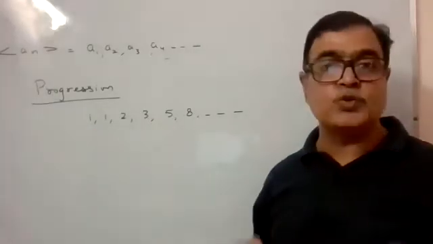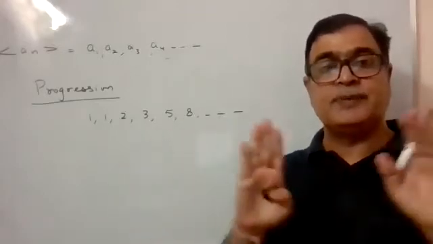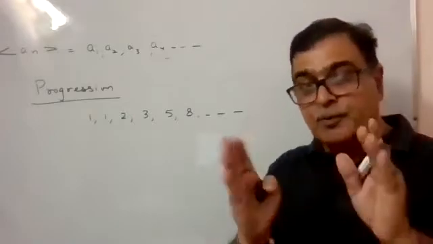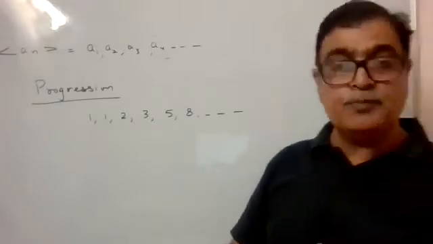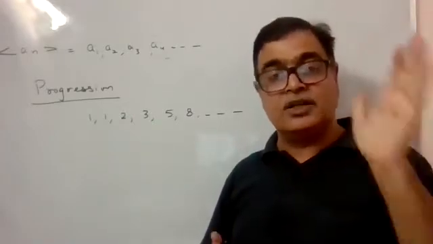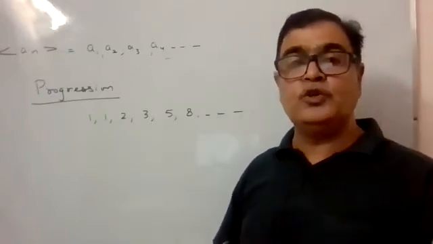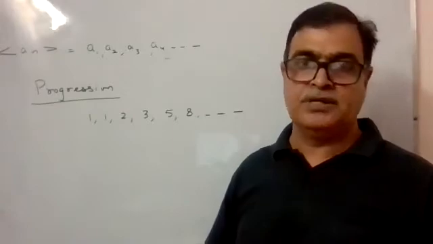Then we will say it will simply be called a sequence, but not a progression. But in progression, these are those sequences we are going to consider which give you a certain pattern.